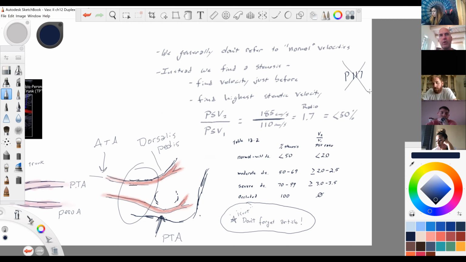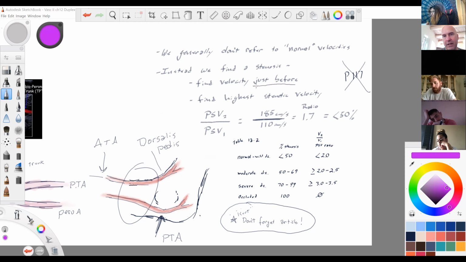We generally don't refer to normal velocities. So, you're in the femoral artery, and it's 120. Is that normal? Yeah, it probably is, actually. There are reference charts for that, but what we really worry about is before and after. So if you find a stenosis, you measure just prior to the stenosis.